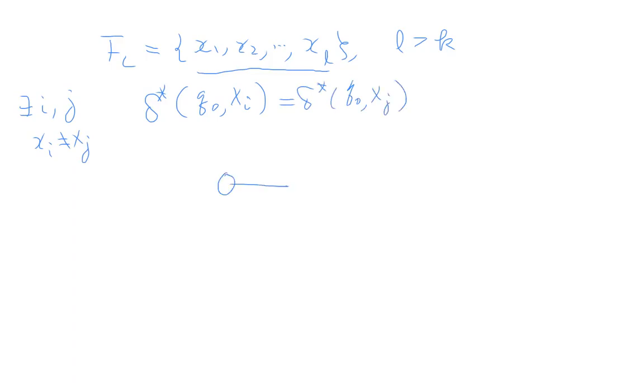So we can say this is the beginning, and then here we got xi, and the other one, xj.